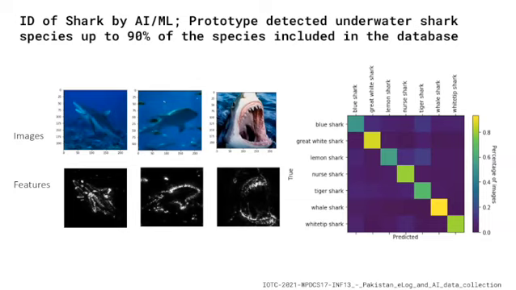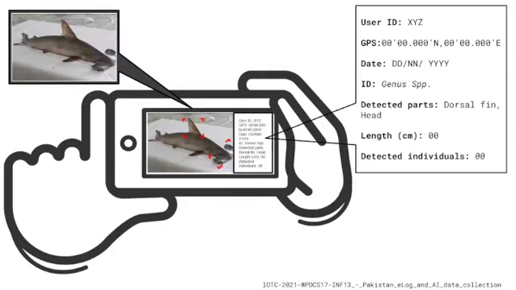So we came up with the use of artificial intelligence and machine learning, and we've been able to train the machine to identify underwater sharks based on their unique characteristics. This is something we are looking to develop and test in the real world as well.